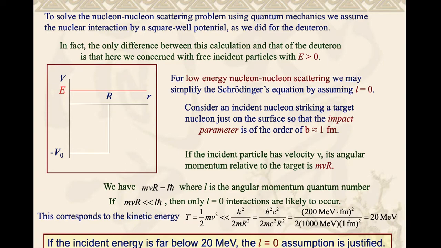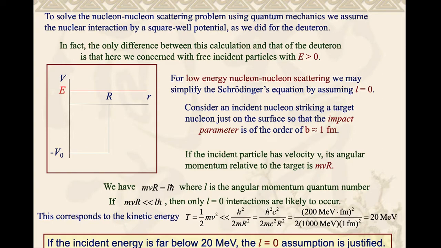Below that, you have another line passing through the center of the nucleon. This perpendicular distance is termed the impact parameter, which is already known to you, and we are assuming it is of the order of 1 femtometer. When the particle is approaching this closely, after some time it can deviate from its path.